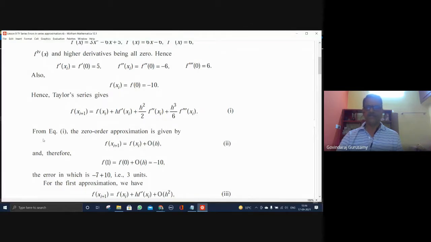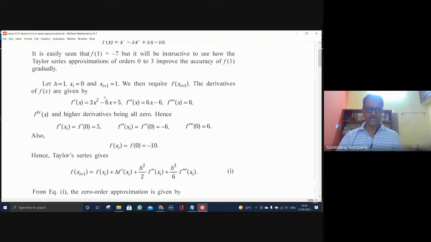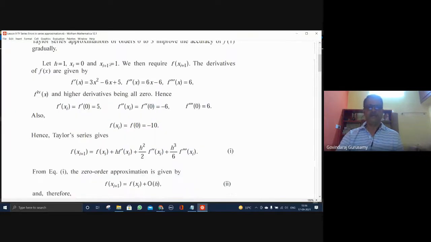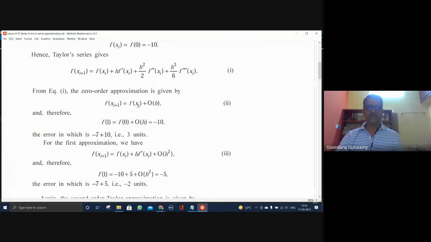Now, from equation 1, the zero order approximation given by this is what your zero order is, which means substitute f of x of i where x of i equal to 0. That is your zeroth order. Take the function as it is, substitute the initial value, that's going to be x of i, which is going to be 0.